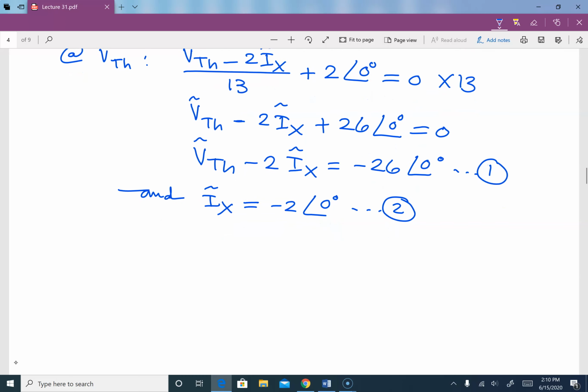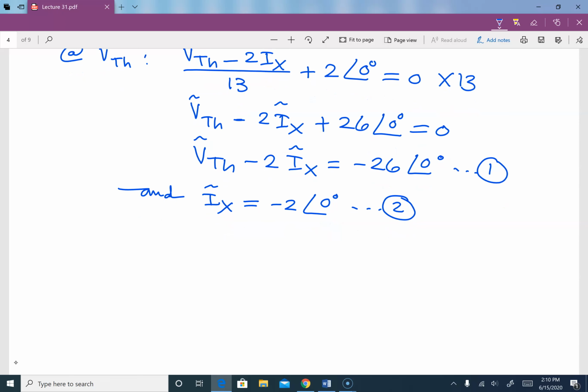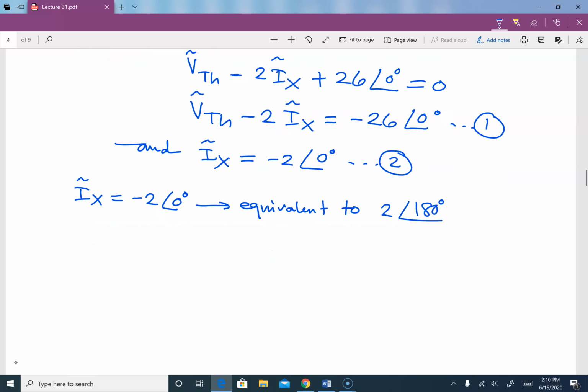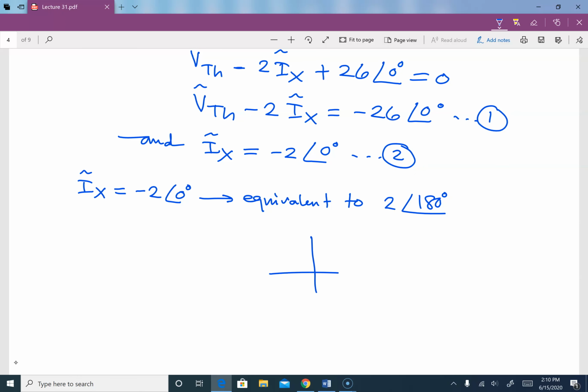Please pay attention. When we have, for example, Ix equal to negative 2 with angle 0, this is equivalent to 2 with angle 180 degrees. The reason behind that, if I have, for example, over here 2 with angle 0, the negative 2 is here.